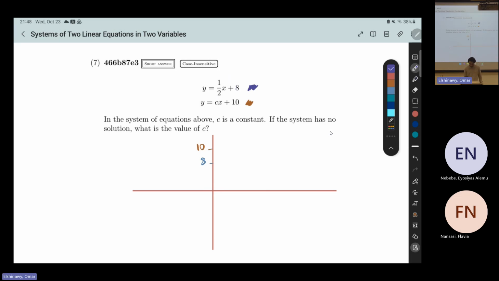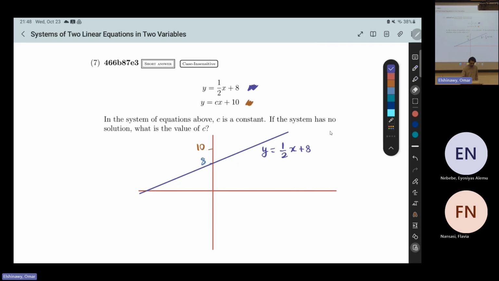Now, if you want to plot this equation, y is equal to half x probably looks like this. I'm just guessing that, so please don't be harsh. So this is supposed to be the drawing of y is equal to half x plus 8. It's increasing because the slope is positive, and it has this y-intercept.